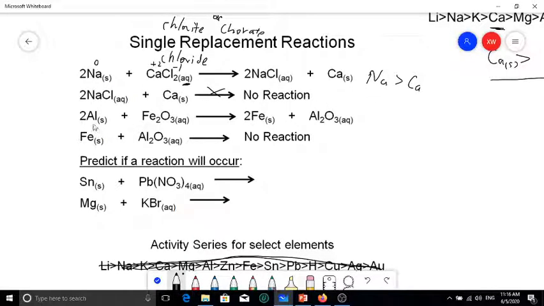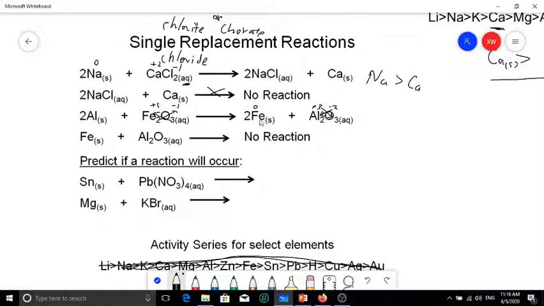Let's look at another one. Aluminum metal, iron oxide. This is iron 3 oxide, right? So you can crisscross them up. You can show the charge here. This is neutral metal. Aluminum is positive 3 charge, a type 1 metal. For the same reason, you can cross down here to form Al2O3 to balance the charge.